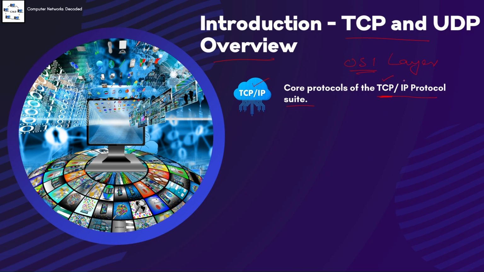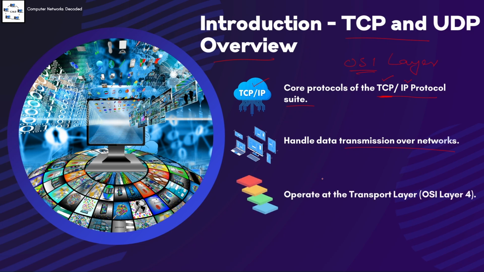The other important protocol is the IP. So TCP and UDP basically handle the data transmission over the network. We will study in the coming slides how this data transmission takes place. Both these protocols operate at layer 4 of the OSI model, also known as the transport layer.